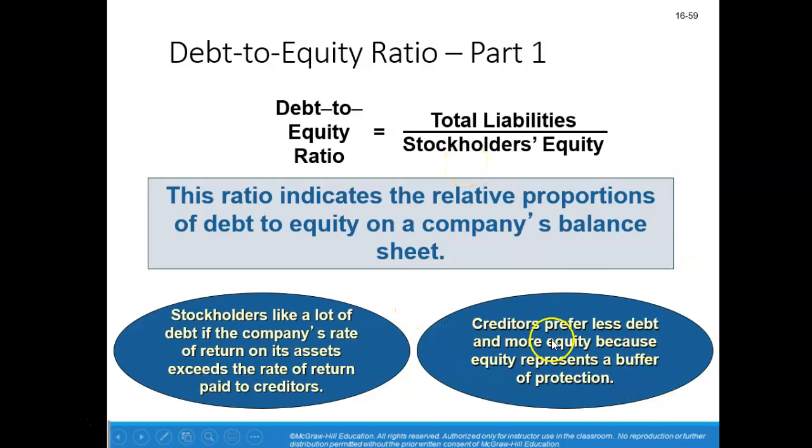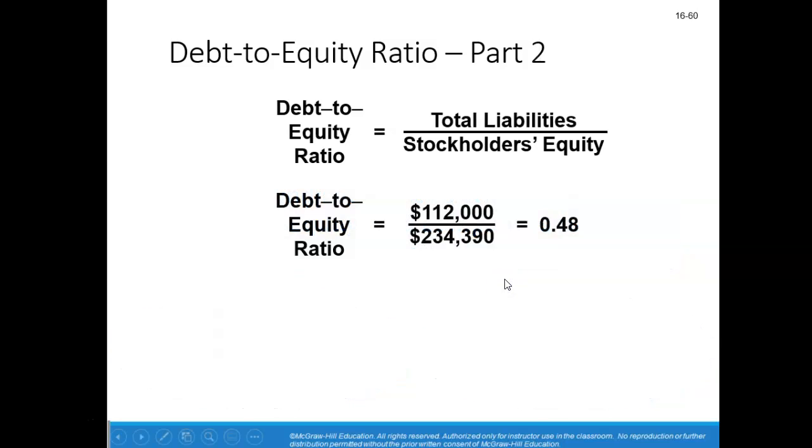Now, creditors prefer less debt and more equity because they want to make sure that you're not just borrowing money all the time to acquire assets, that you have other sources of financing to receive those assets. So liabilities are referred to as debt financing. When you issue stock, that's known as equity financing.